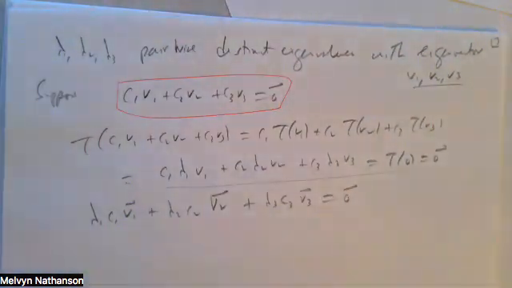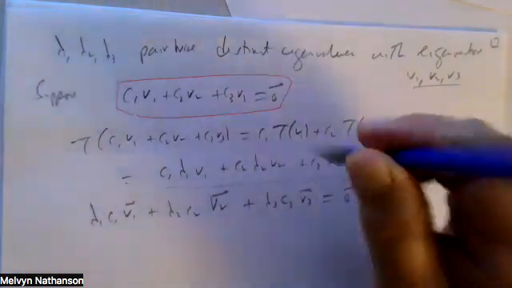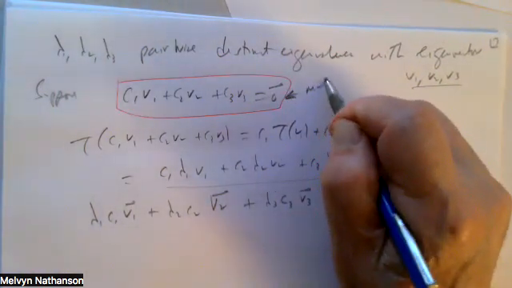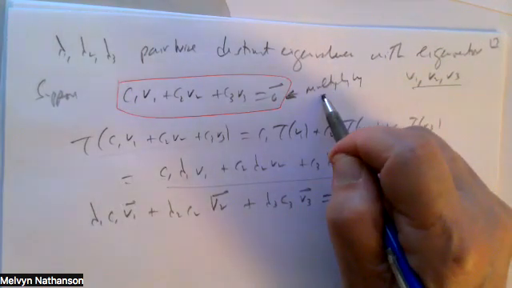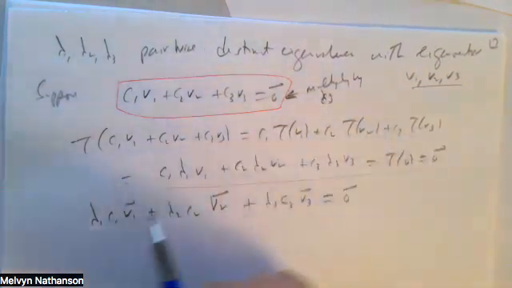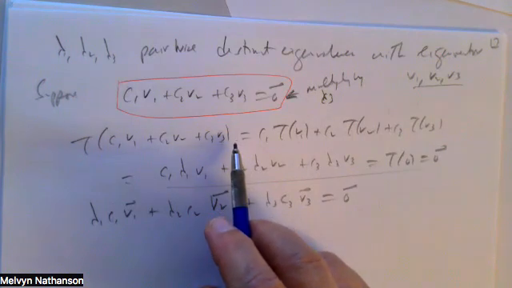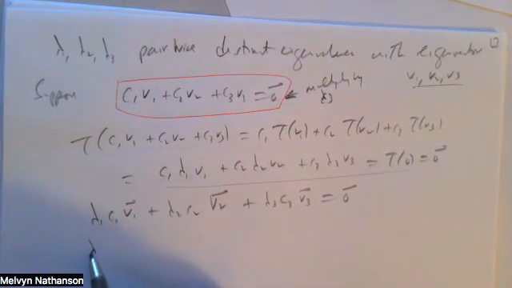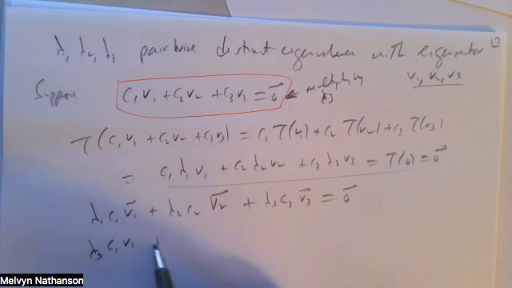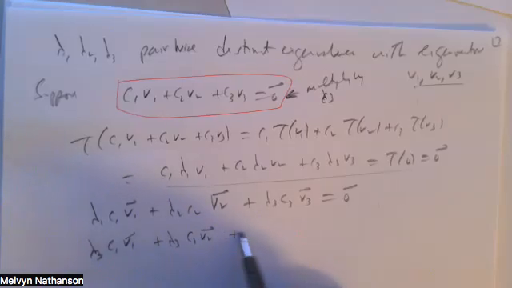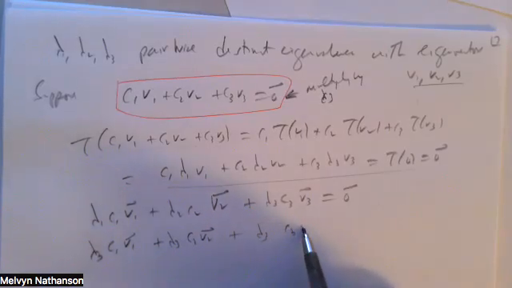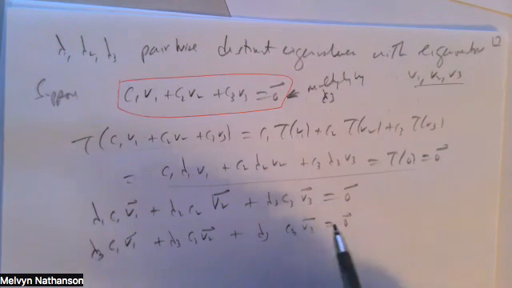But I also had my initial relation. Suppose I multiply this equation by lambda 3. If I multiply this by lambda 3, I get lambda 3 C1 V1 plus lambda 3 C2 V2 plus lambda 3 C3 V3 equals 0.